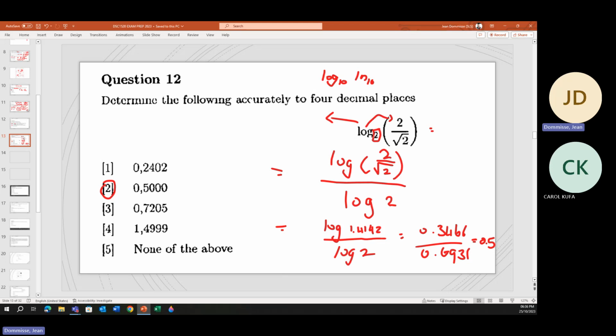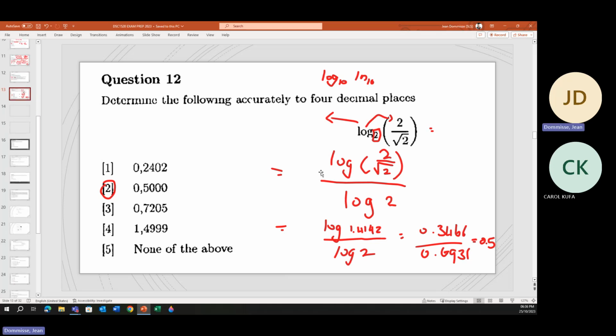If you don't have that built-in function, then from the log rules, you take the log of what's in the bracket divided by the log of the base. I think there was something like this in one of the previous exam papers we've worked through as well, so it seems like something they love to ask.